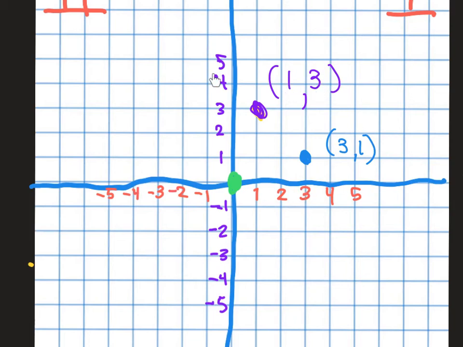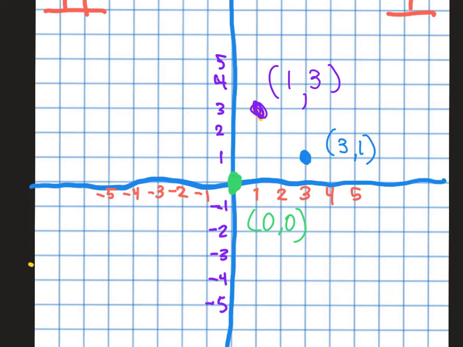Second number is your Y number, up and down. Sideways 1, up 3. Sideways 3, up 1. Now what about this origin guy? I said he was really important. His location is 0, 0. So anytime you're talking about the origin, he is sideways nothing and up and down nothing. He's just right dab smack in the middle.